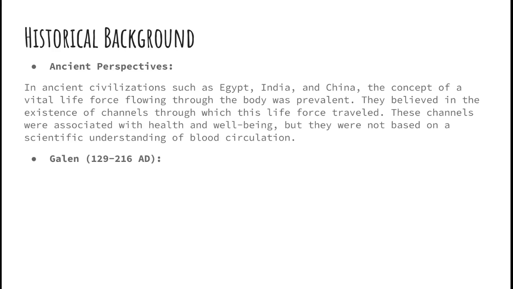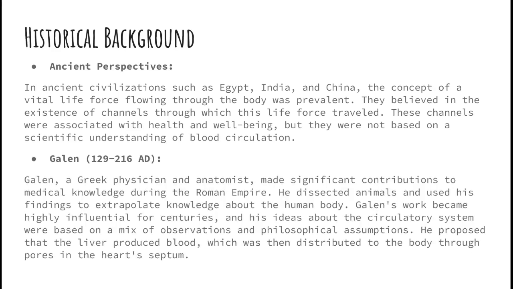Then, after the ancient perspectives, there was Galen, a Greek physician and anatomist who made significant contributions to medical knowledge during the Roman Empire. He dissected animals and used his findings to extrapolate knowledge about the human body. Galen's work became highly influential for centuries, and his ideas about the circulatory system were based on a mix of observations and philosophical assumptions.